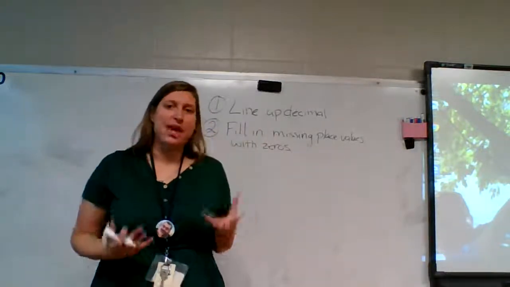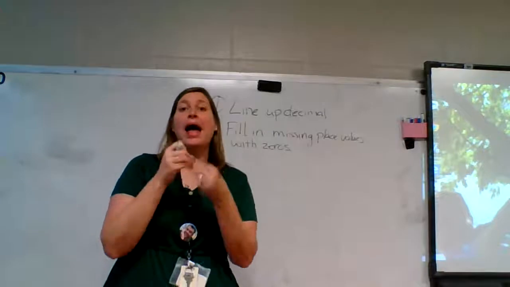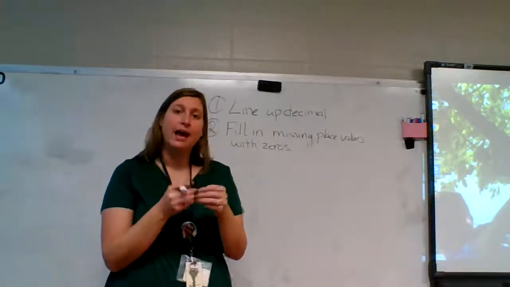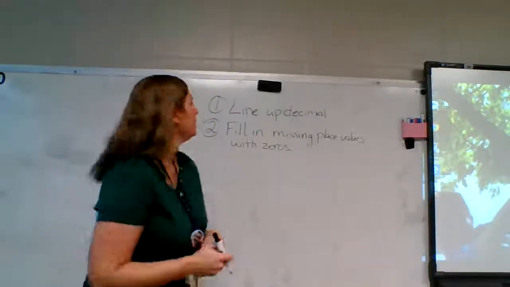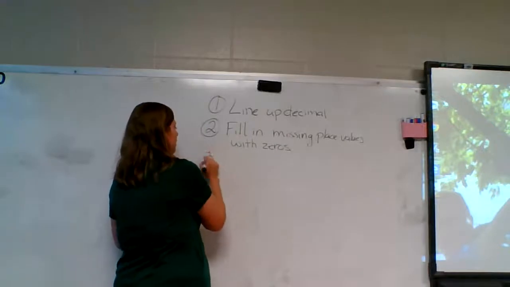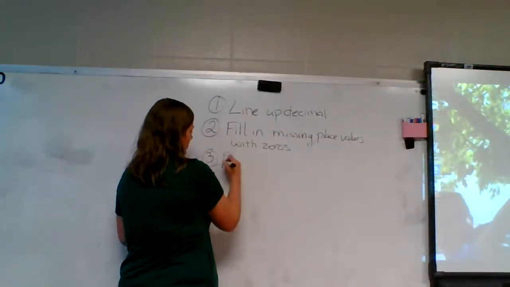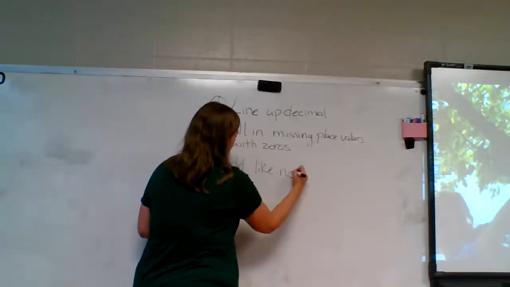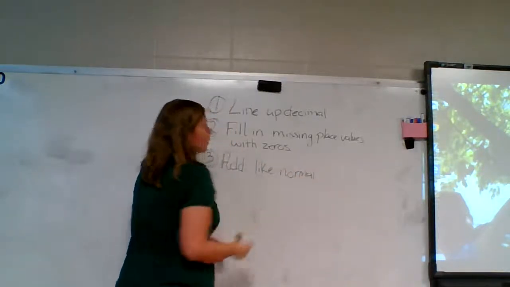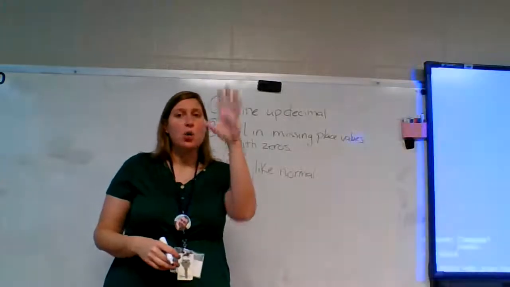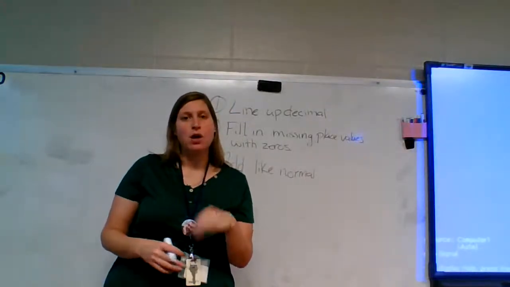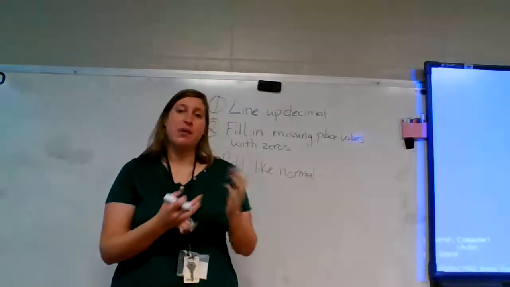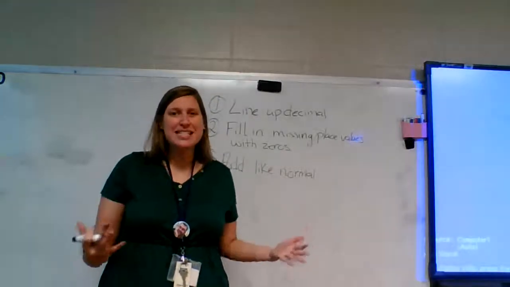Anywhere that we have a missing spot, we are going to add in a 0, so we have something to add with. And then finally, our third step is to add like normal. So we line up our place values, we bring our decimal straight down, we fill in missing zeros, and we add like normal. So what does this look like?